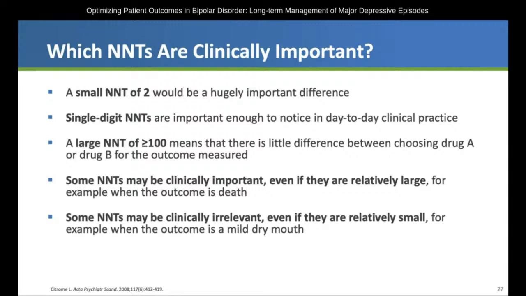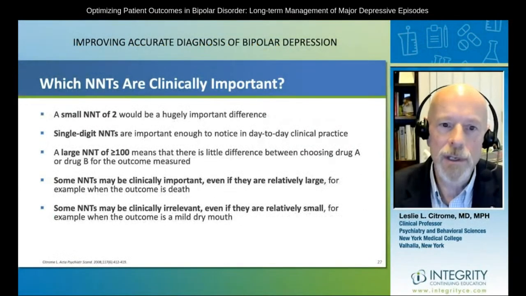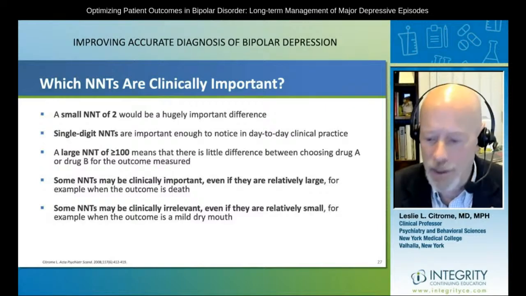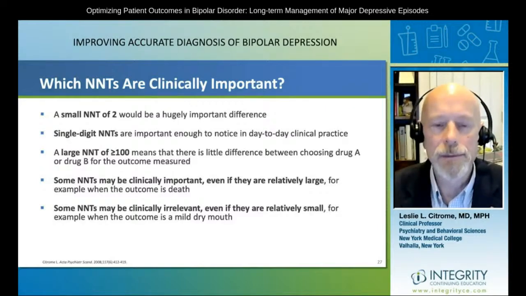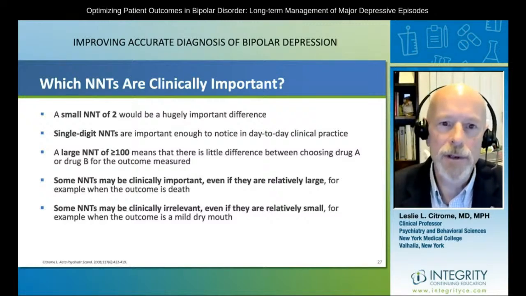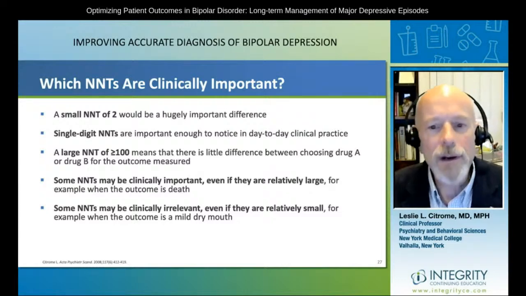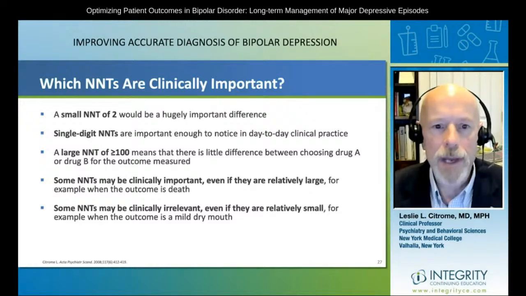Mild dry mouth will not drive treatment decision making or patient acceptability under most situations. So we'll have to use our brains here when interpreting NNT and NNH and think about the outcomes too. So evidence-based medicine is not a cookbook, and the metrics are not used in a blind fashion without thinking, but they can be very helpful in helping quantify harms and benefits.